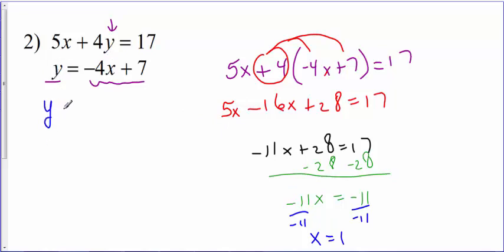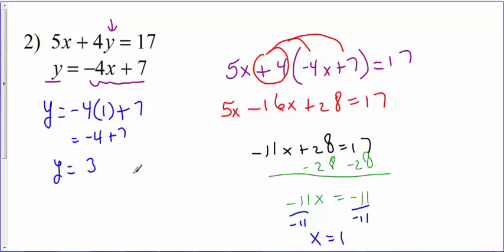So in doing that, we have y equals negative 4x. Well, I said we were going to substitute, right? So I went ahead and wrote the variable without substituting. So we have negative 4 times 1 plus 7. Negative 4 times 1 is negative 4, plus 7. So y equals negative 4 plus 7, which is 3.